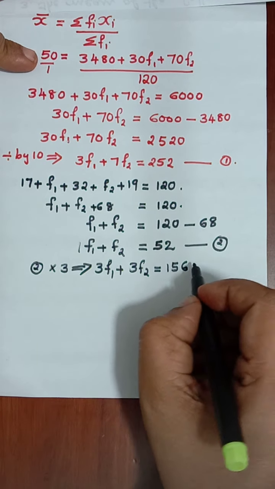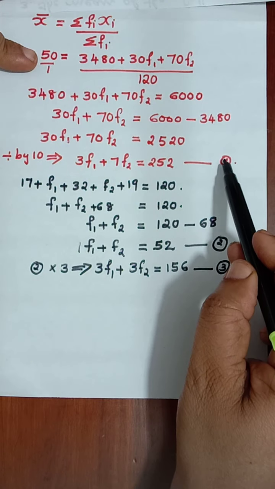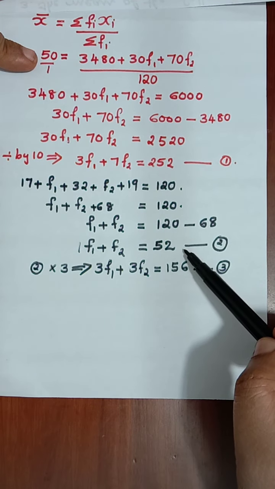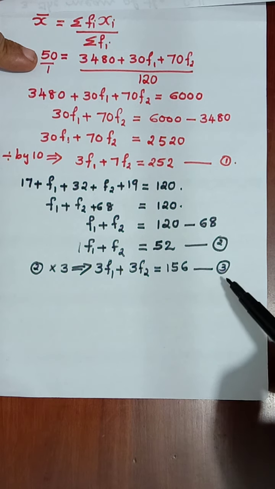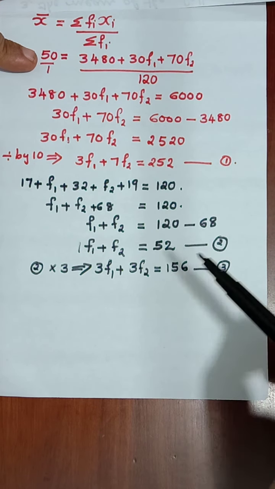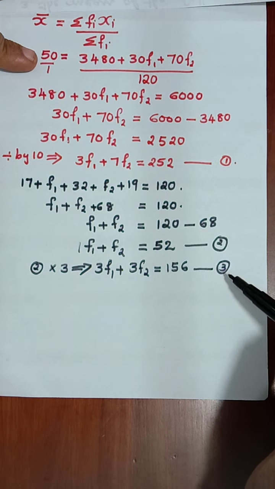So this is our equation number 3, I can say. Now match equations 1 and 3. 1 as it is. The second equation I changed as equation 3, multiplication throughout by 3. So 2 and 3 are actually the same. So 1 and 3 we have to compare now and solve.